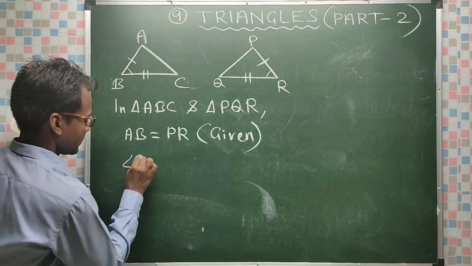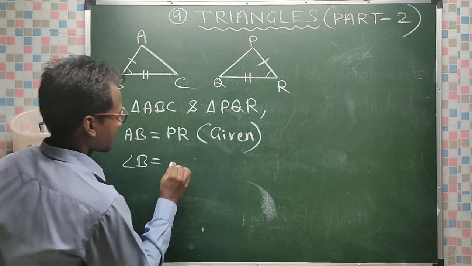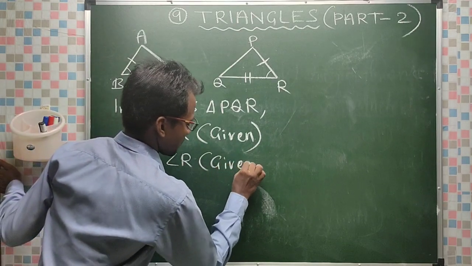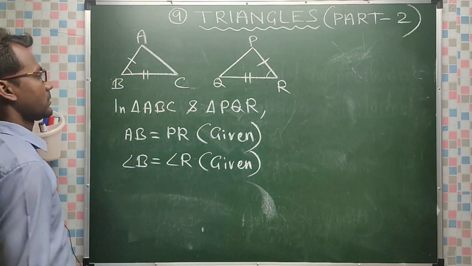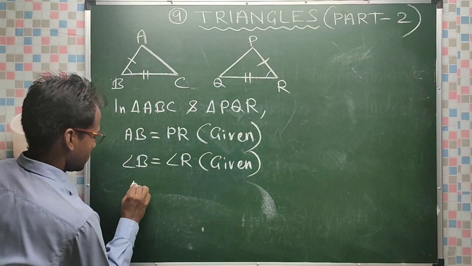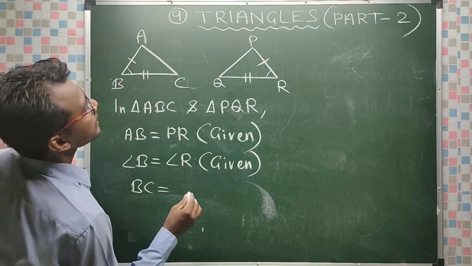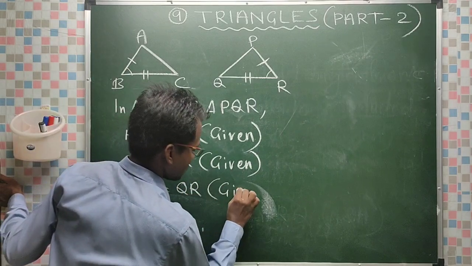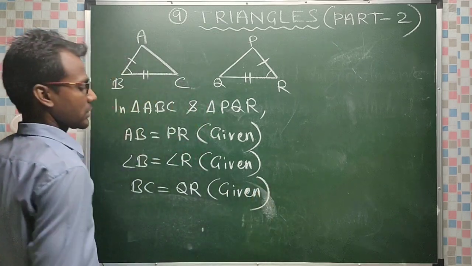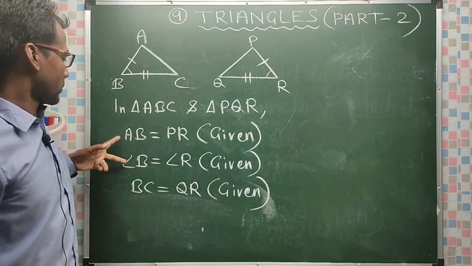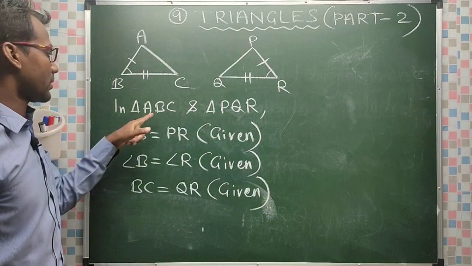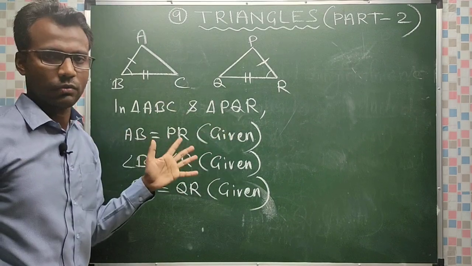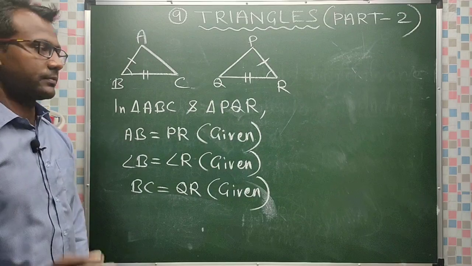Then angle B is equal to angle R. This is also given. Okay, last is side BC is equal to QR. This is also given. So two sides and included angle of triangle ABC are equal to two sides and included angle of triangle PQR. So these two triangles are congruent.